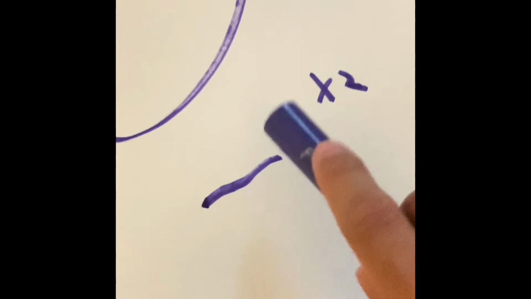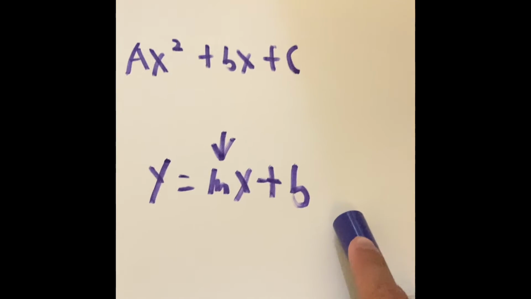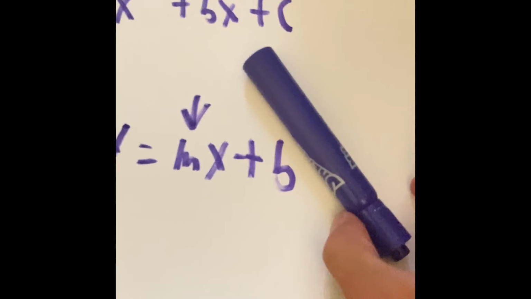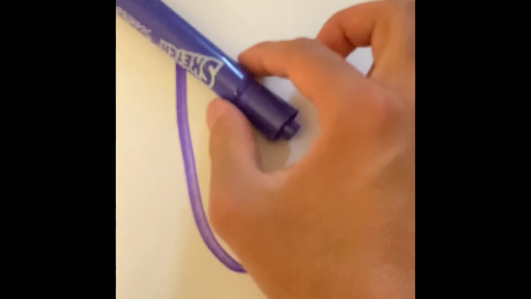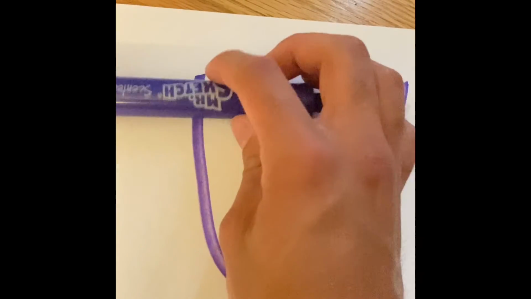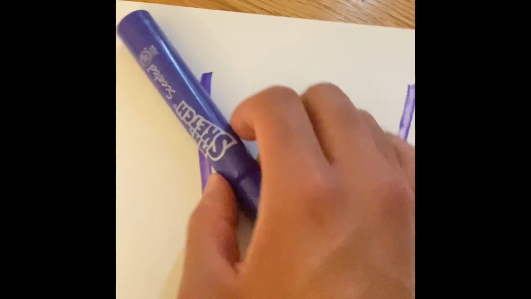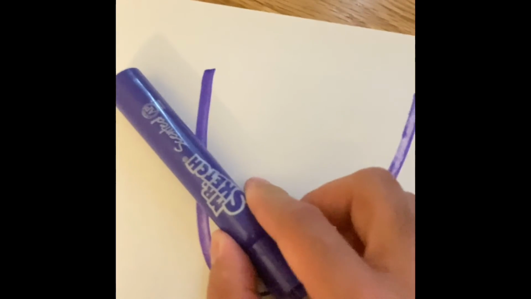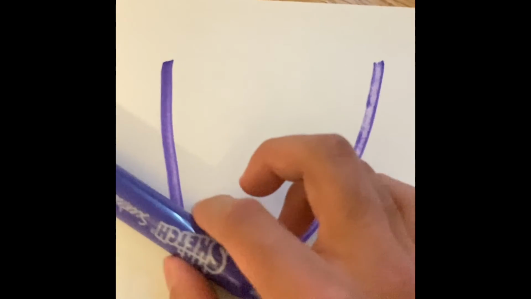Here's an example. A straight line has an equation, y equals mx plus b. Let's use this marker as a straight line. So let's put it right here. As you move around the parabola, you can have a straight line for every point you put on the parabola.